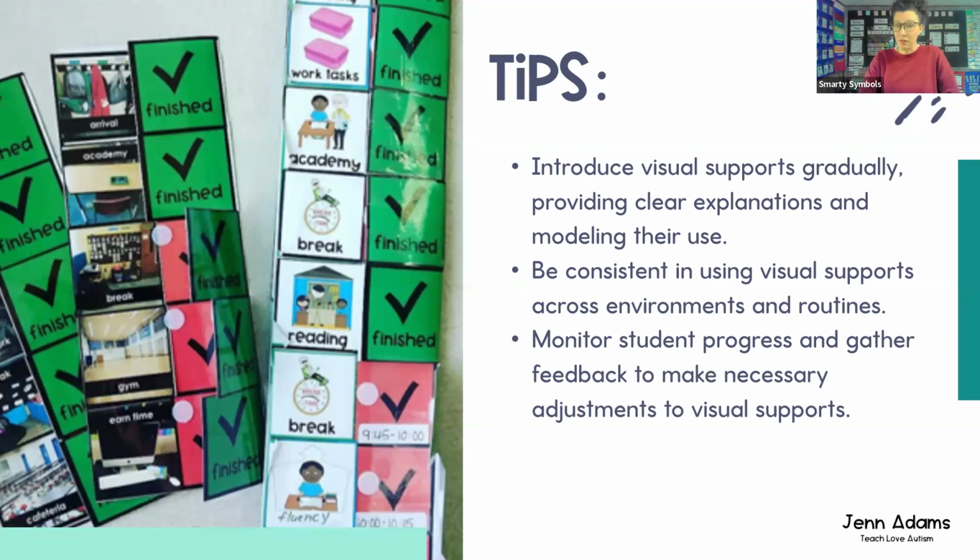If you've ever heard the phrase "data or it didn't happen," that basically means if we're not keeping track of the progress a student is making utilizing a support, then how do we actually know it's helping? So keep that in mind as well. You may want to come up with some kind of system to either take notes or take data on how it's working for that student, and if it's going well or not.